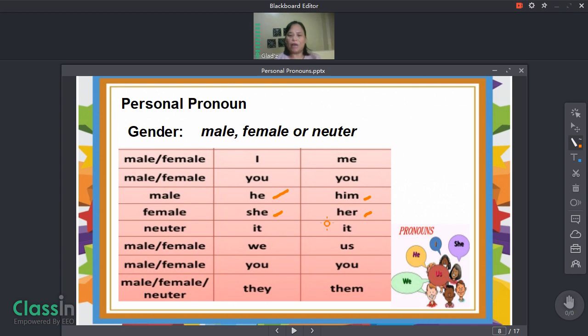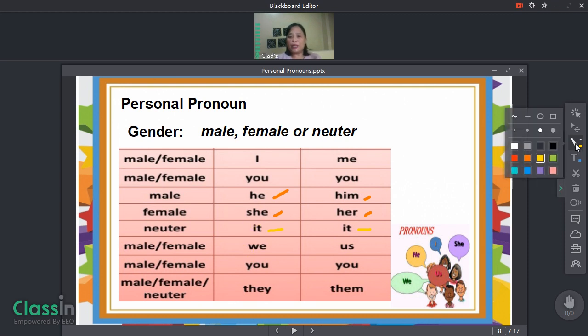But then look at this one. We have the pronoun it. It is neuter, because it could have no gender, or we cannot detect whether it's a male or a female. Sometimes neuter is used for objects or things, or sometimes also with animals.